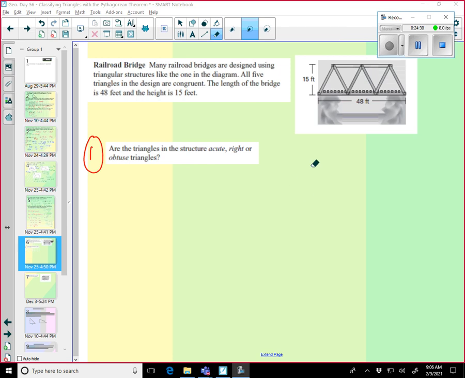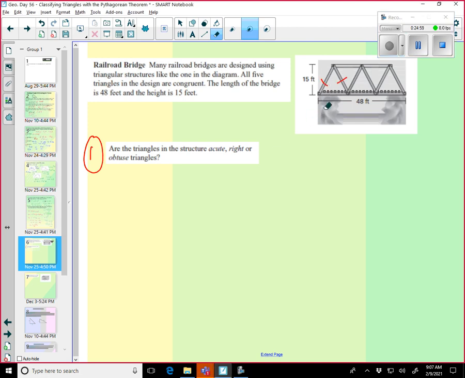So in this case, for acute, right, or obtuse, these triangles are all congruent, which means all the 3 sides are congruent. So they have said congruent. Definitely we know that these 2 sides are equal, we know that these two sides are congruent.